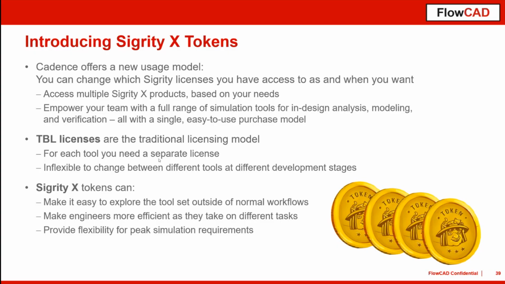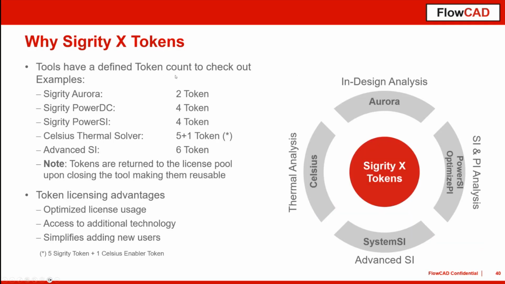So instead of buying individual licenses, you can say, okay, I take 4 tokens. We can see how that works. Sigrity X Aurora, for example, uses 2 tokens. PowerDC, OptimizePI, and so on use 4. And then we have some more advanced solvers that use more tokens. But once you say, okay, we have 4 tokens, you can choose every tool that can be checked out with 4 tokens.